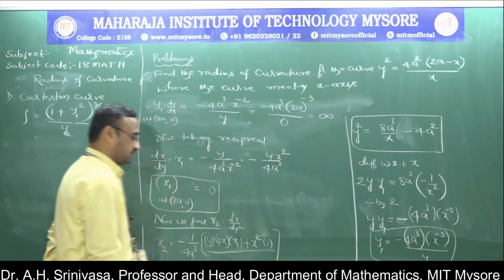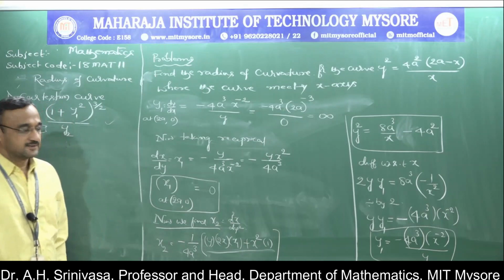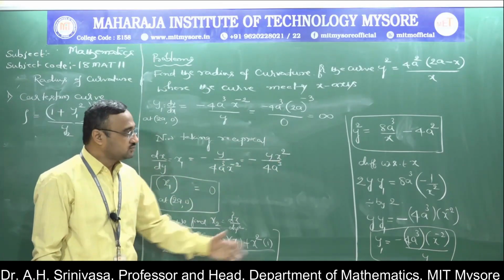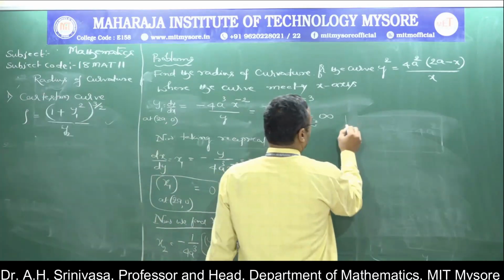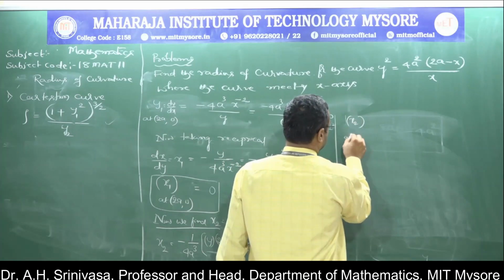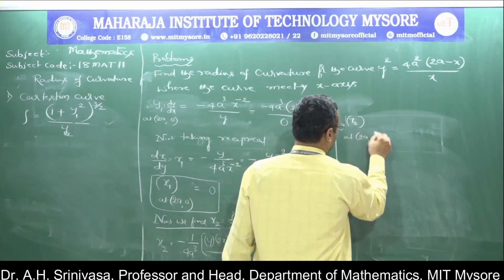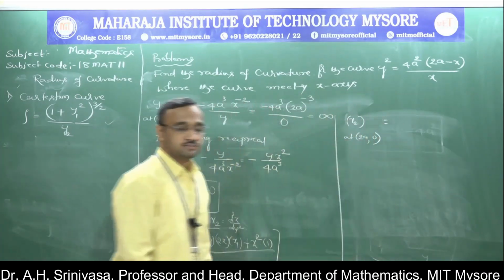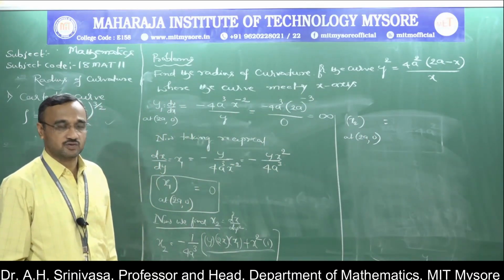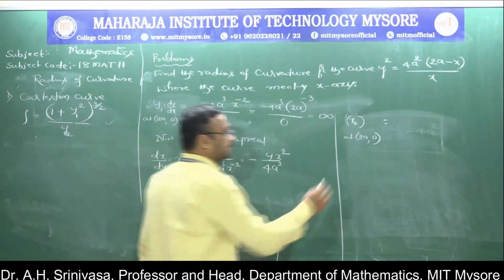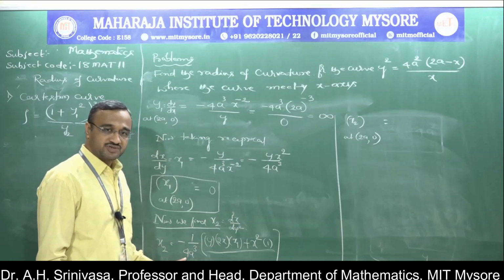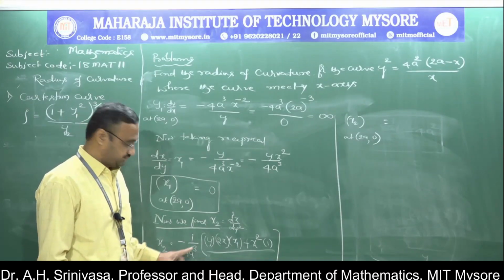There is no denominator function that will appear. First into second, then second into first. Then substitute the point. Then x2 at (2a, 0). That means in place of x you put 2a, in place of y you put 0. What happened? Check it here. Minus 1 by 4a cube is a constant, keeping as it is.